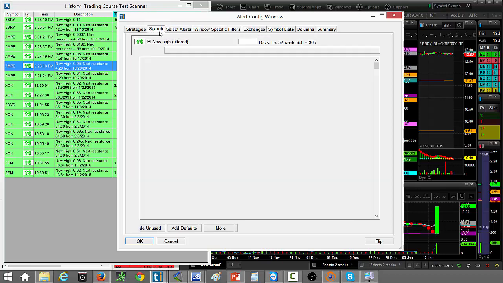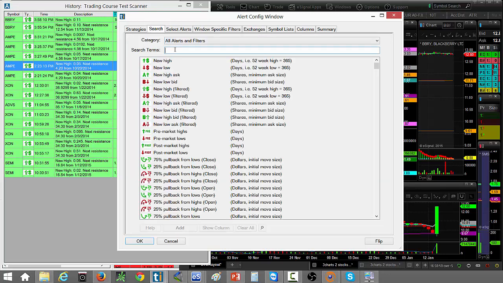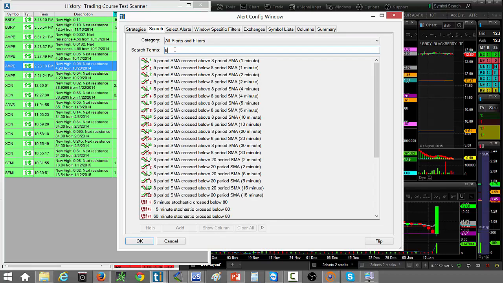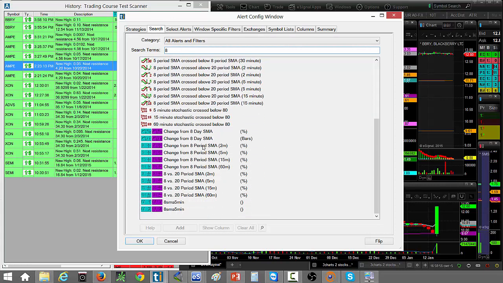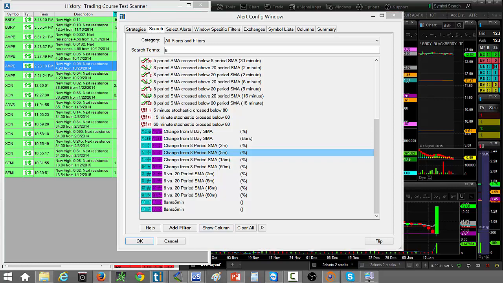And let's also say the 8 simple moving average. Okay, so I'm going to say the change from the 8 simple moving average. Now I've created a custom scanner setting in Trade Ideas, which if you want to create it, you have to go to TradeIdeas.com, and I'll show you guys how to do that here.